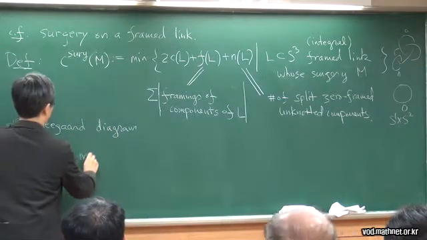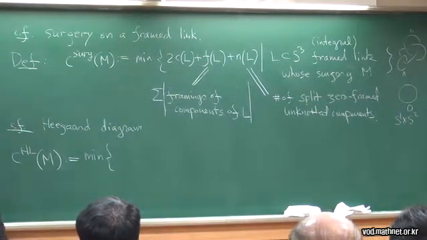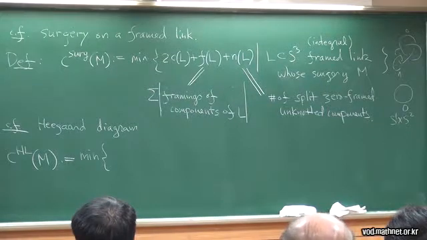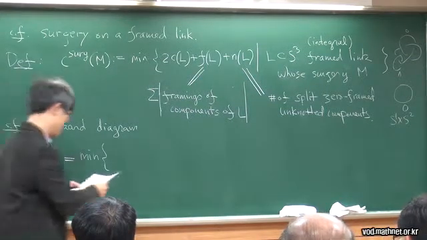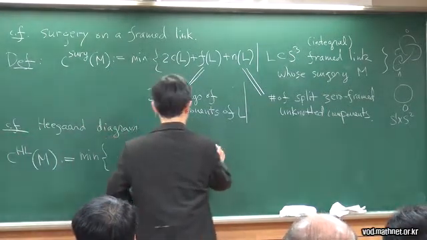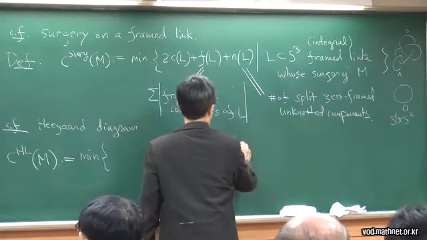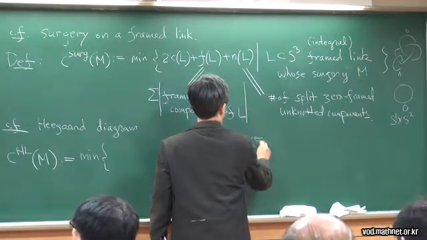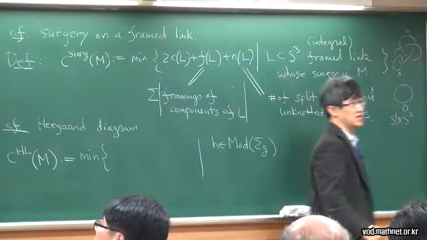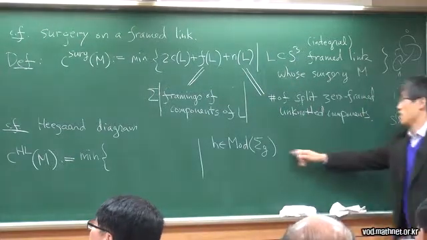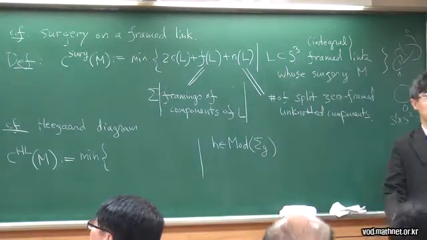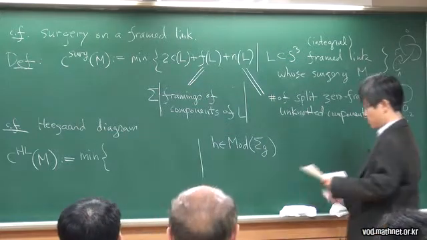So I'm going to again take a minimum of the Heegaard splitting information over all possible Heegaard splittings. So in order to describe a Heegaard splitting, let me just take a mapping class on a genus G surface where G is arbitrary. All right?